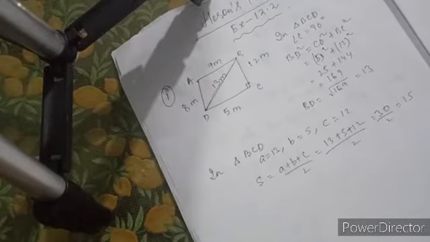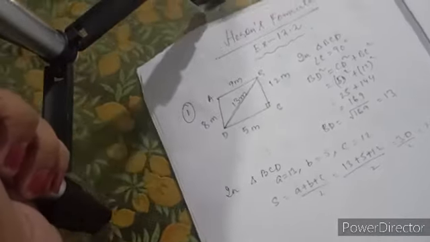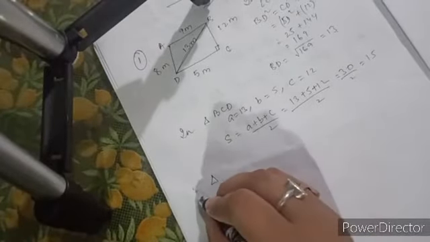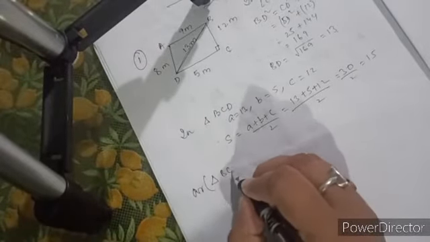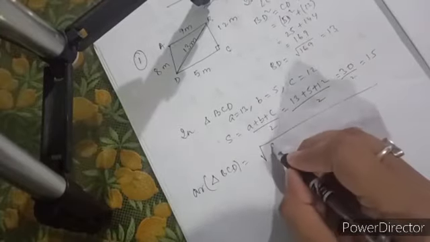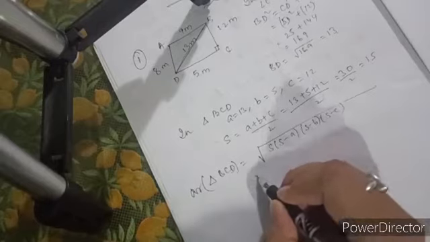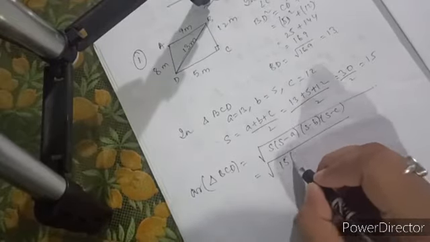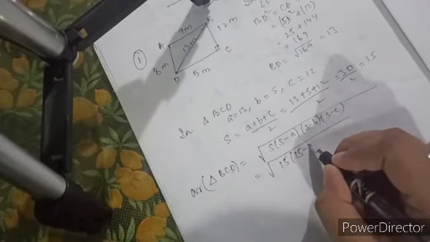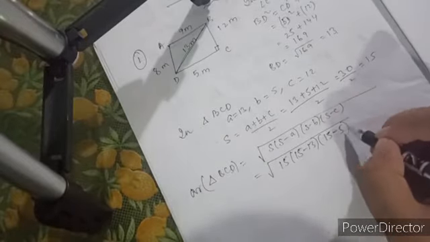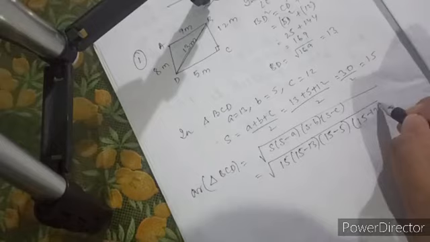So let us find the area. The area for triangle BCD will be root over s(s minus a)(s minus b)(s minus c). So root over 15 into (15 minus 13), (15 minus 5), (15 minus 12).